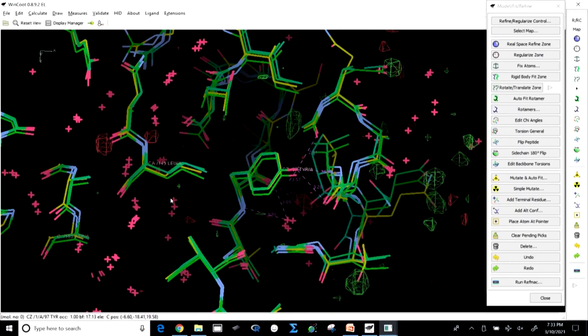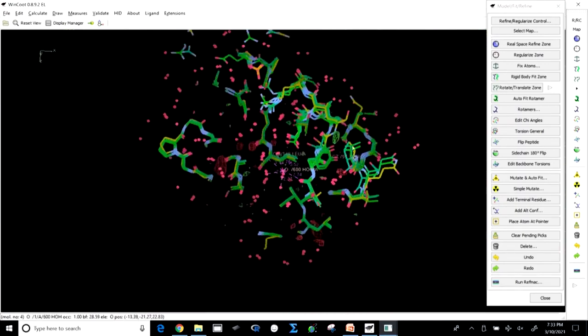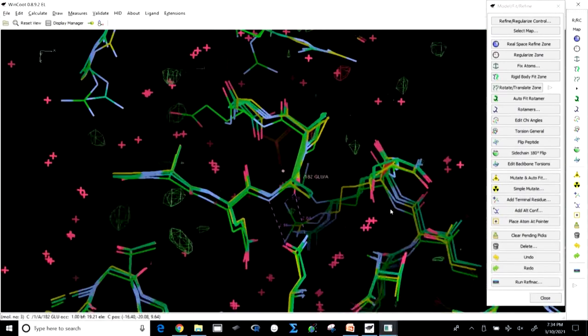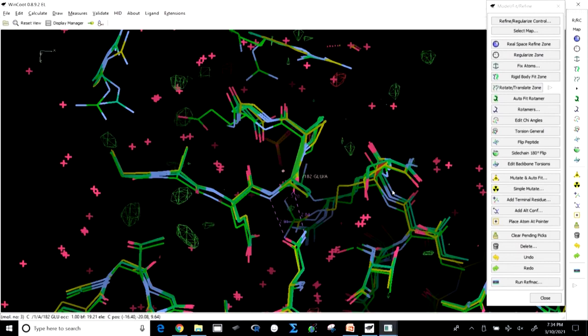You could have compared each and every water molecule, you could have compared the distances, the movements, the electron density map, whether the density is correct or not. You could become a real crystallographer, a real structural biologist working on electron density data.